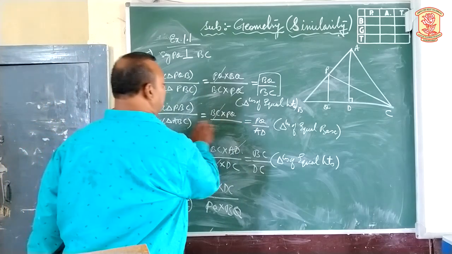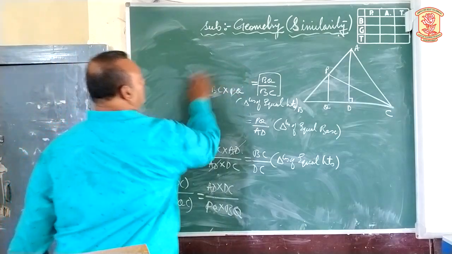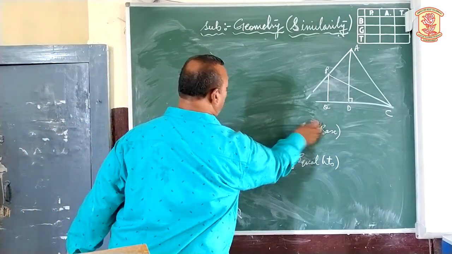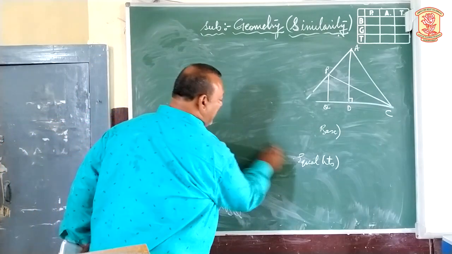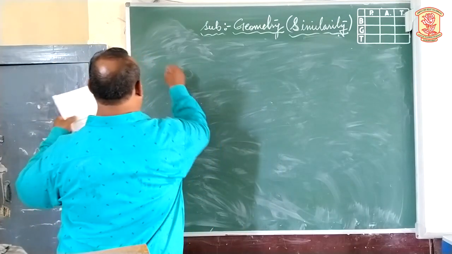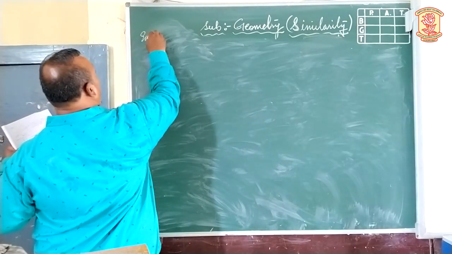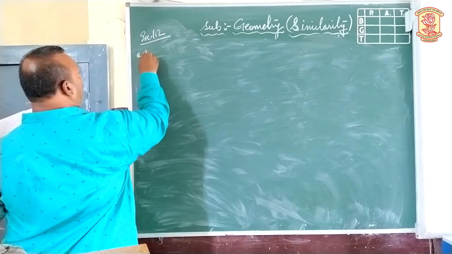Now see the next exercise, that is 1.2. Exercise 1.2 is related to the angle bisector property in a triangle. Three triangles are given. This is exercise 1.2, question number 1.